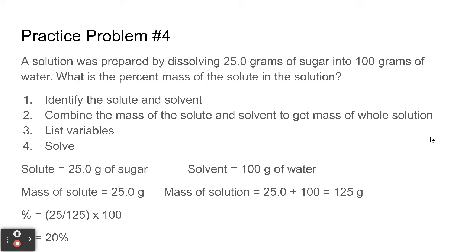And then also differentiate between the letter used to represent molarity and molality. Molarity uses that capital M. Molality uses the lowercase m. So there's a big difference between molarity and molality, and those two get confused a lot.